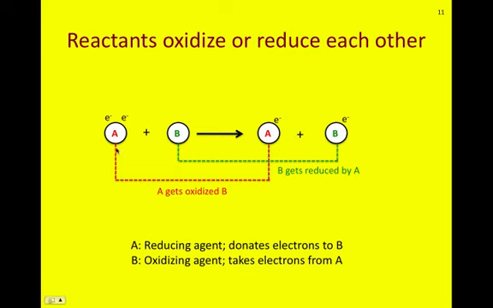The compound that gets oxidized is most likely going to be the reducing agent, because as it loses an electron, it will donate that electron to the other compound, such as A here, which loses an electron and donates that electron to compound B. Thus A is the reducing agent.